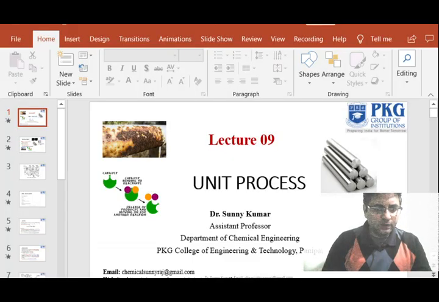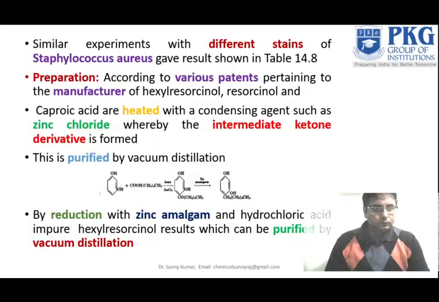Within a minute I am showing you this diagram. So we are just showing table 14.8.